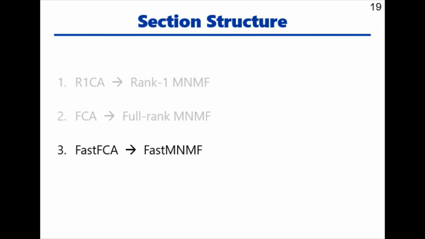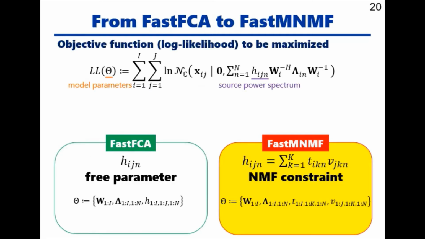Now we talk about extending FastFCA to FastMNMF. To extend FastFCA to FastMNMF, we incorporate NMF as before. In both FastFCA and FastMNMF, the log likelihood to be maximized is given by this equation. The difference between these methods lies in how H is parameterized.